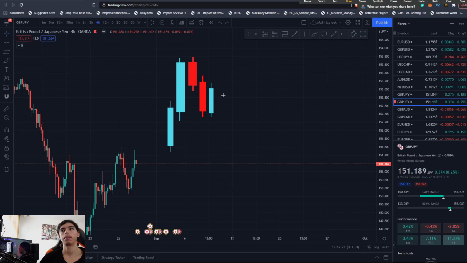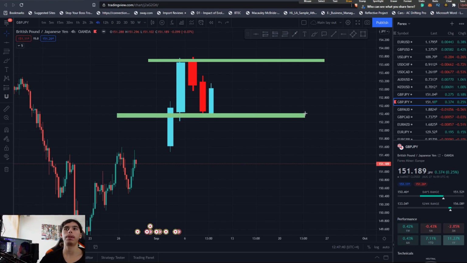So now we've established that price is on an uptrend, and price has found a resistance at the top here and also made a support. With the idea that price should continue up and make higher highs and higher lows, with the confirmation of a candle closure.